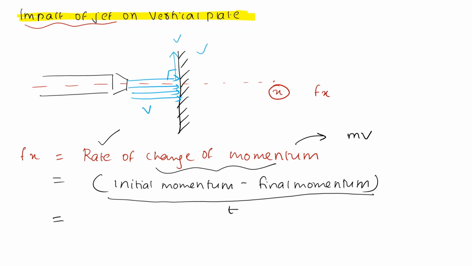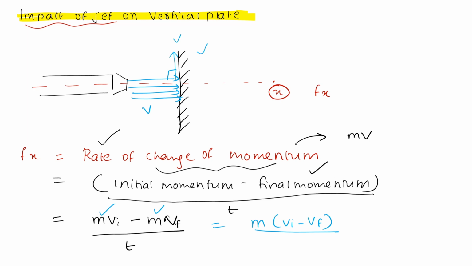So we can write initial momentum as mass into initial velocity, minus final momentum as mass into final velocity, and the whole divided by time. In this, mass is common, so we can rewrite it as mass times initial velocity minus final velocity, whole divided by time.